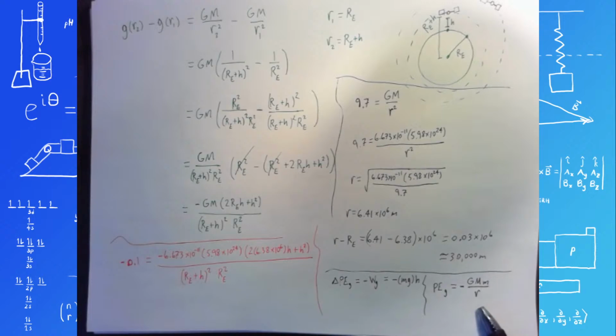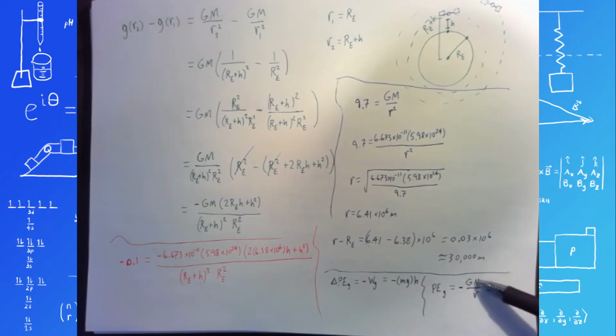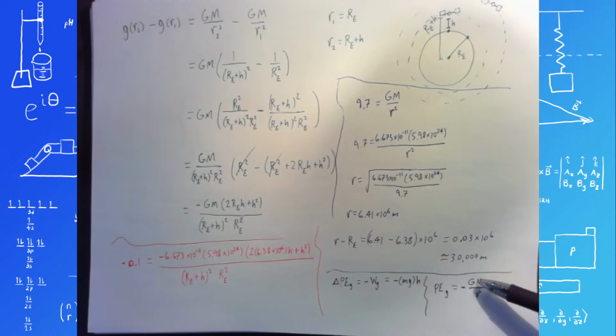But in the universal perspective, it makes more sense to pick the farthest point from the center of the bigger object. Let's pretend we're still talking about big M being the Earth and little m being some smaller object near the Earth.